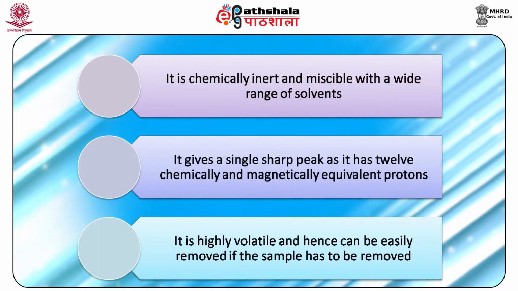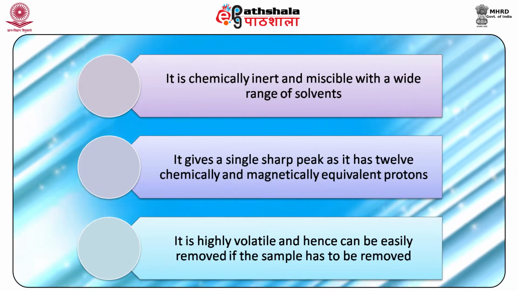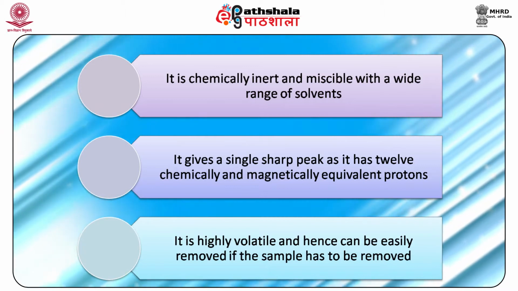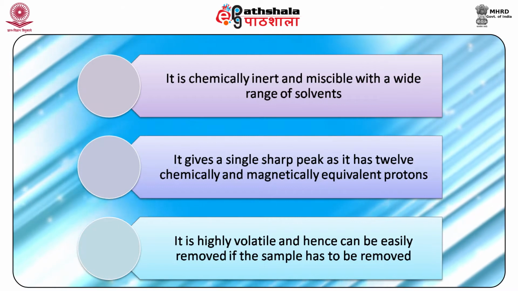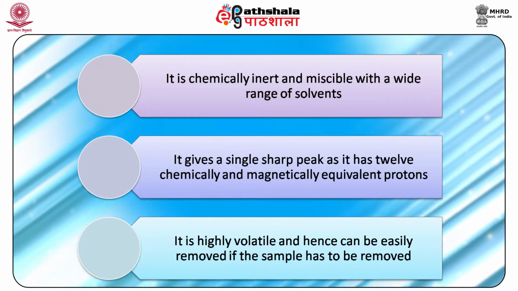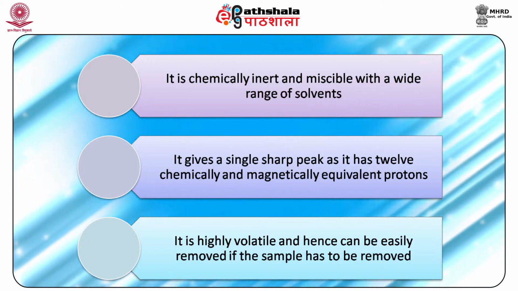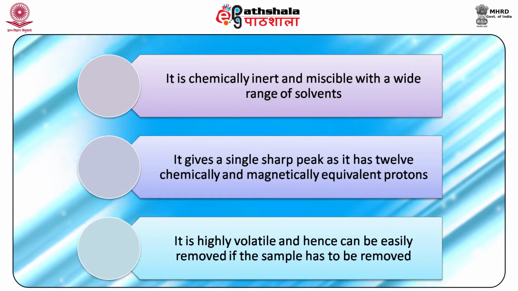First, it is chemically inert and miscible with a wide range of solvents. Secondly, it gives a single sharp peak as it has 12 chemically and magnetically equivalent protons. Third reason, it is highly volatile and hence can be easily removed if the sample has to be recovered.